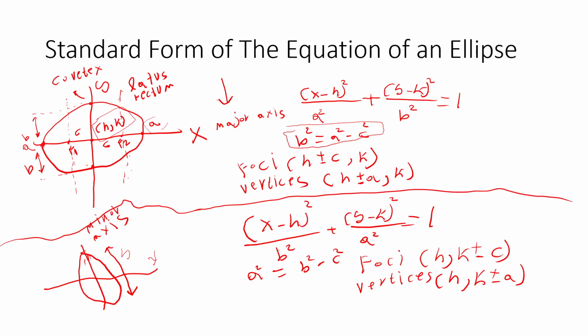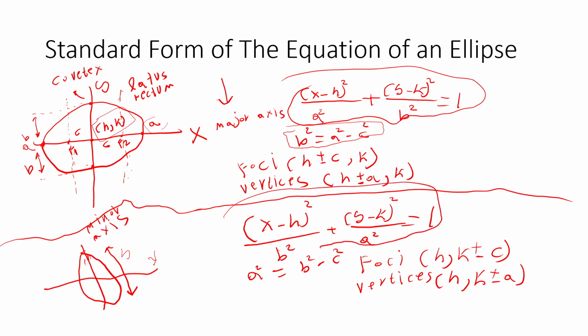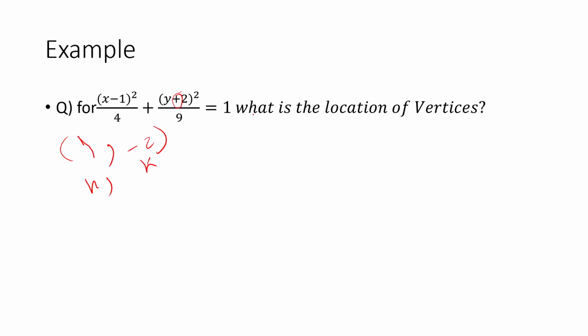Is it the equation where the major axis is the x-axis, this one, or is it the equation where the major axis is the y-axis, this one? So how do we determine which equation we should use? We look at the denominator.